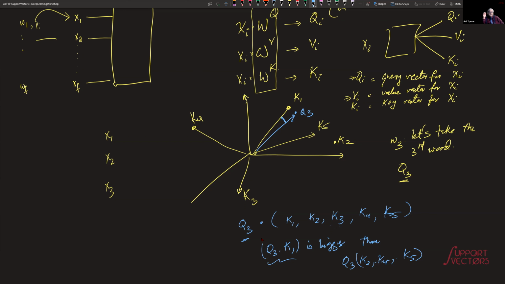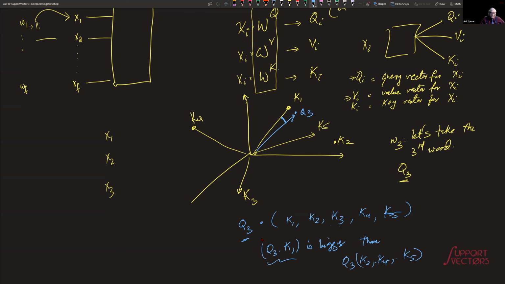So guys, let me repeat what I said. First of all, you have the K sitting all over the vector space. Suppose there are 5 words. So K1 to K5 are sitting there, right? Now what you do is you take the Q. You also have Q1 to Q5, isn't it, guys? And V1 to V5.